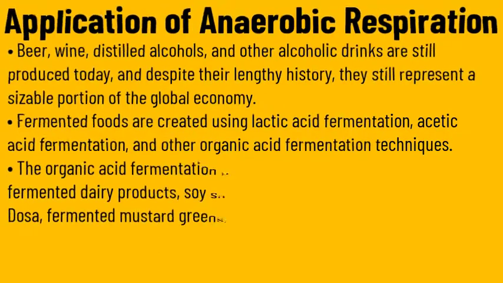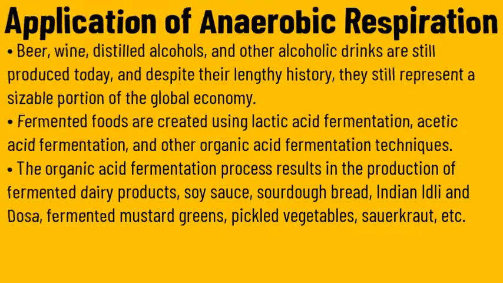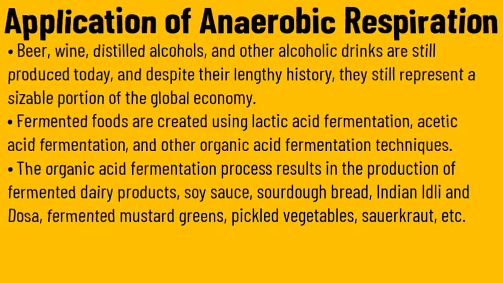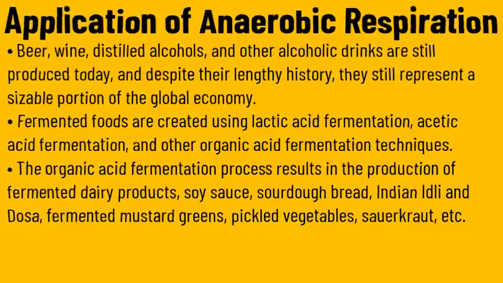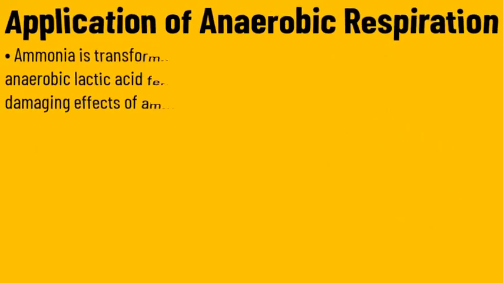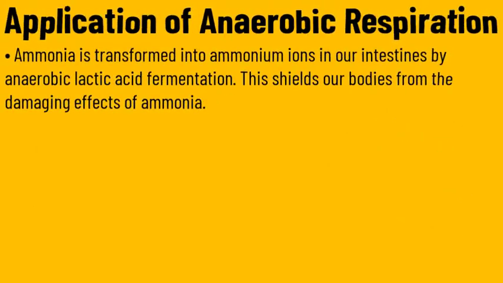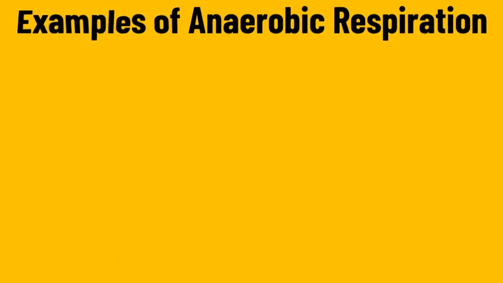The organic acid fermentation process results in the production of fermented dairy products, soya sauce, sourdough bread, Indian idli and dosa, fermented mustard greens, pickled vegetables, and etc. Ammonia is transformed into ammonium ions in our intestines by anaerobic lactic acid fermentation. This shields our body from damaging effects of ammonia. So, these are examples of anaerobic respiration.